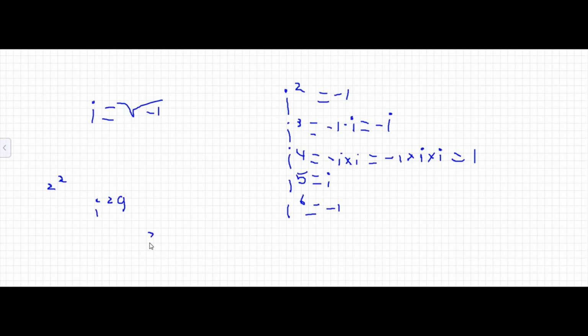That'd just be 7, and then you get a remainder of 1. And we don't really care about the 7 part. All we care about is this remainder. Since 1 is the remainder, we go to the first number, which would be i. So i to the 29th would be i. If there's no remainder, then you just go to i to the fourth, which would be 1.